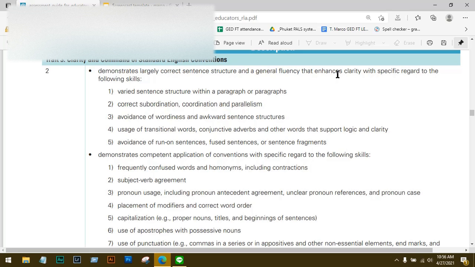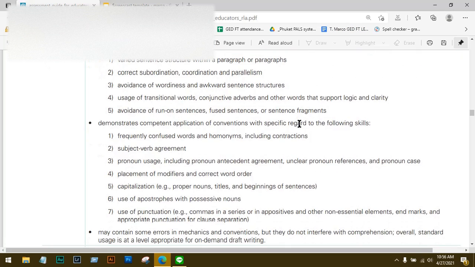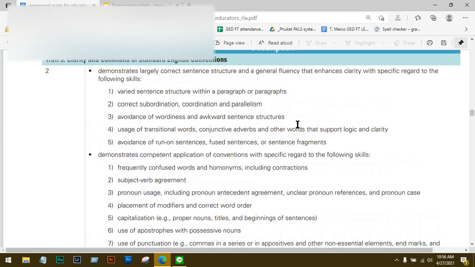You're using subordinating clauses and coordinating clauses. Avoiding redundancy, avoidance of wordiness and awkward sentences, using transitional words, and all of these grammar skills. You can pause on the screen and take a look at it, but you know what I'm saying.